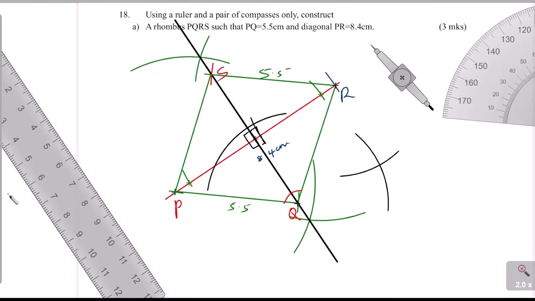You just need to join that using a straight line. You can extend that line like that. So that is the line. That is the locus of point X.